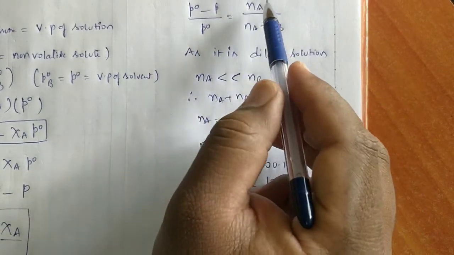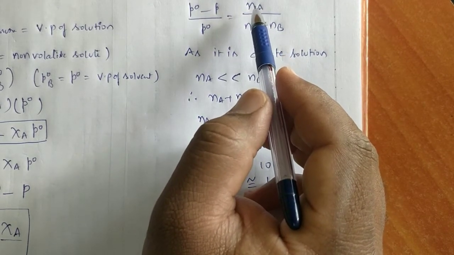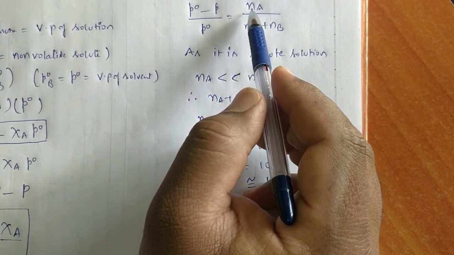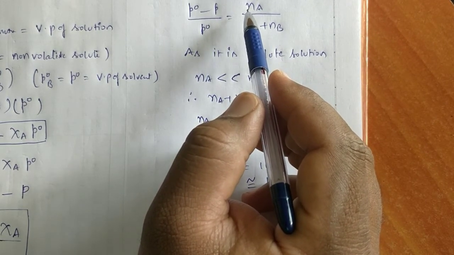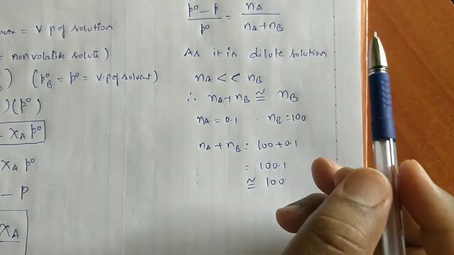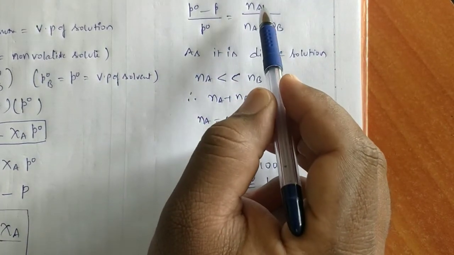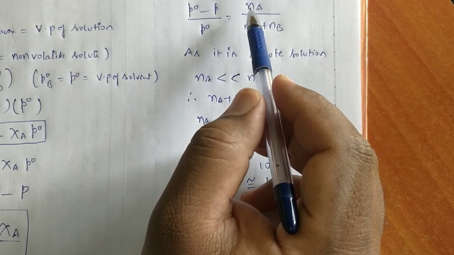Please don't neglect it in the numerator, because the numerator contains only Na. Any higher value is not there. In the numerator only Na is there. If any comparison is there, then only this chance.